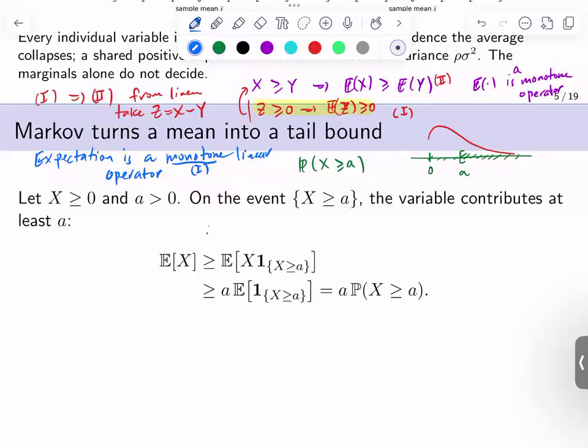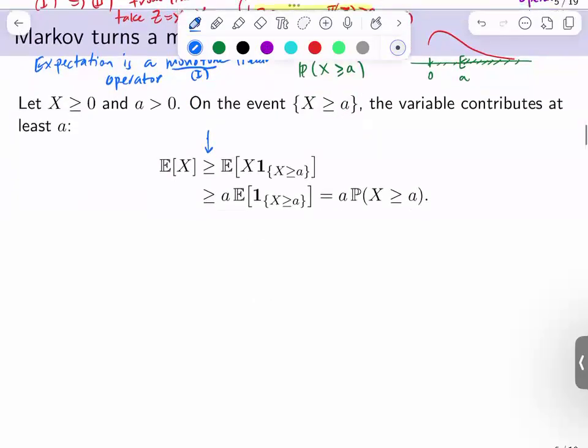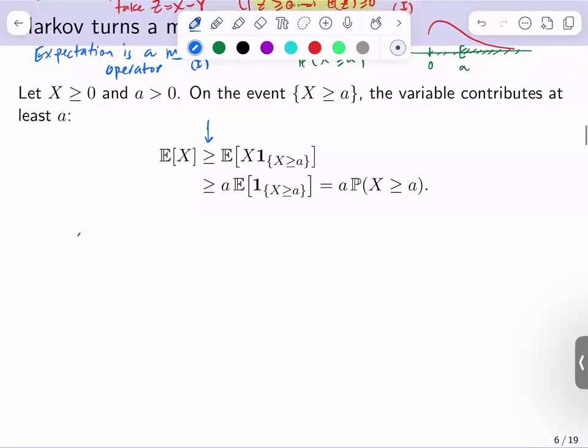This is an example that we're doing here. Why does this inequality hold? Because I can always write x is bigger than or equal to x times the indicator. This is an indicator variable.